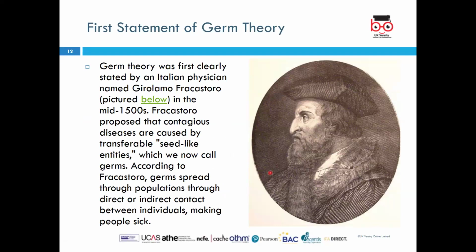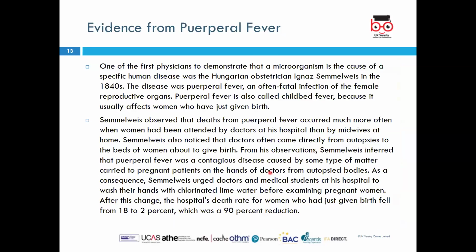He proposed that contagious diseases are caused by transferable seed-like entities, which are now called germs. According to him, germs spread through populations through direct or indirect contact between individuals, making people sick.